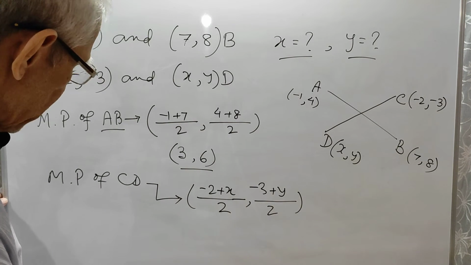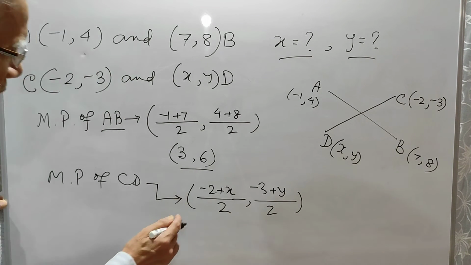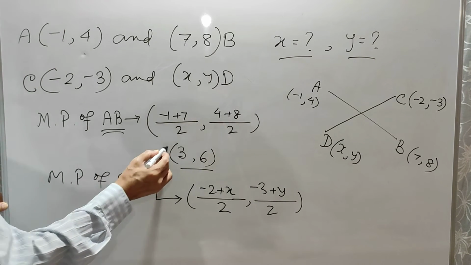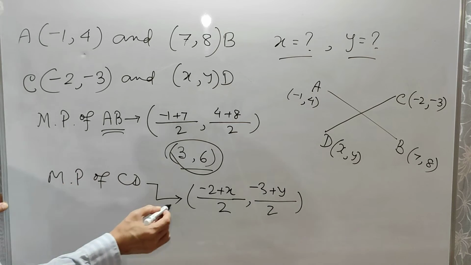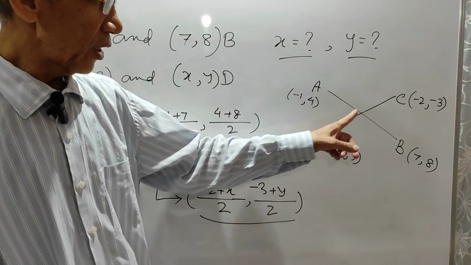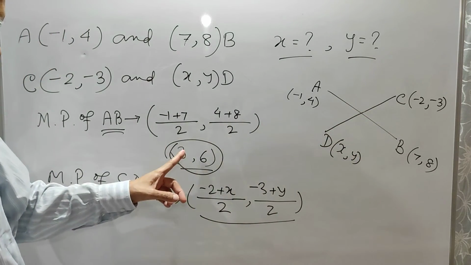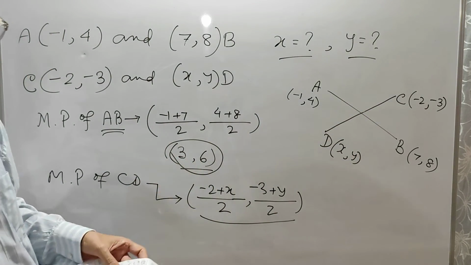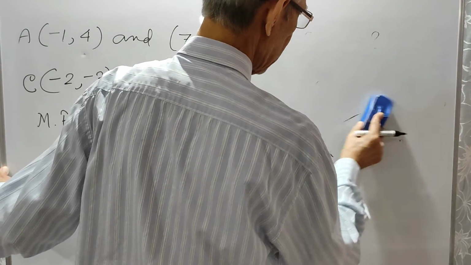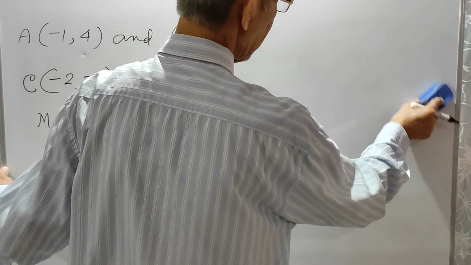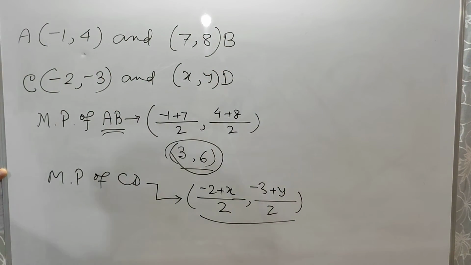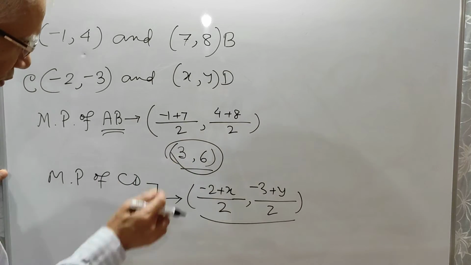So you see, the midpoint of AB is this one, and the midpoint of CD is this one. Since they bisect each other, they have the same midpoint. That means this is equal to this.